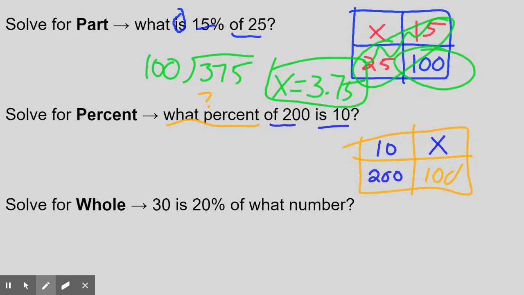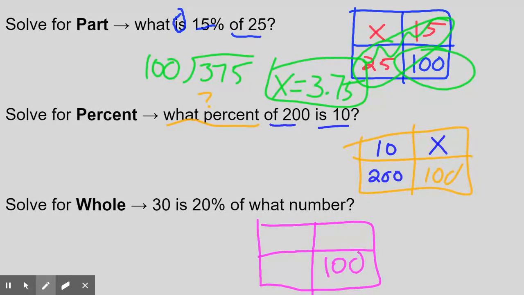Now for the next example, I want you to pause the video and try setting up the box on your own. Hopefully you paused the video and are setting up our box. I know 100 always goes in the bottom right-hand corner. So now I'm going to read my statement: 30 is 20% of what number? The easiest thing for me to fill out right now is that percent.